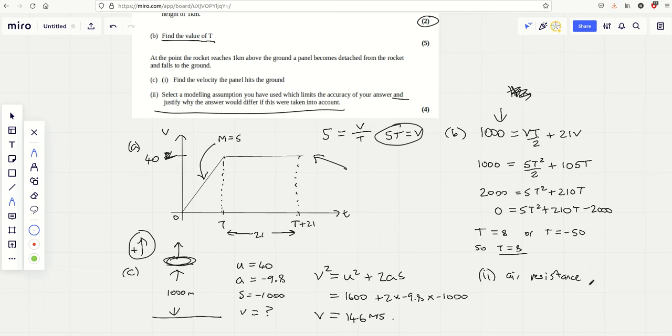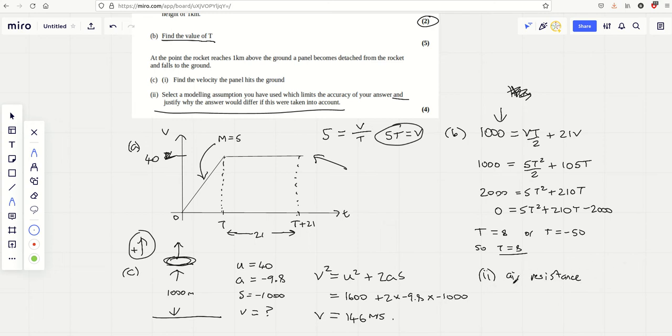Well, air resistance would prevent it getting faster and faster and faster. In reality, things reach terminal velocity when they fall down from space to the ground. They get to a point where they don't get any faster. Our thing just keeps accelerating, accelerating, accelerating because we've ignored air resistance.